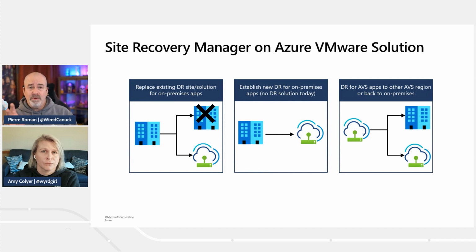If you have a company that has multiple sites, then you can replicate site A to site B and site B to site A, so you can leverage infrastructure that you already own. So that's good. But if you don't, and you only have that business recovery site, you can use Site Recovery Manager on AVS to do away with that extra cost of renting that real estate or those rented racks at a hoster, and move that into Azure.